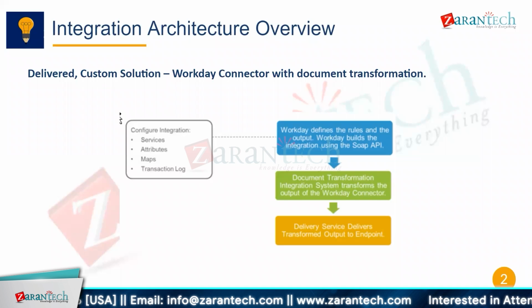I would like you all to go back and practice in your tenant. Go to View Integration System All, have a look at it, study it, and then we can continue from here in our next session. Because if I start going into document transformation, it's a different area of the integration, and again, it's quite detailed.